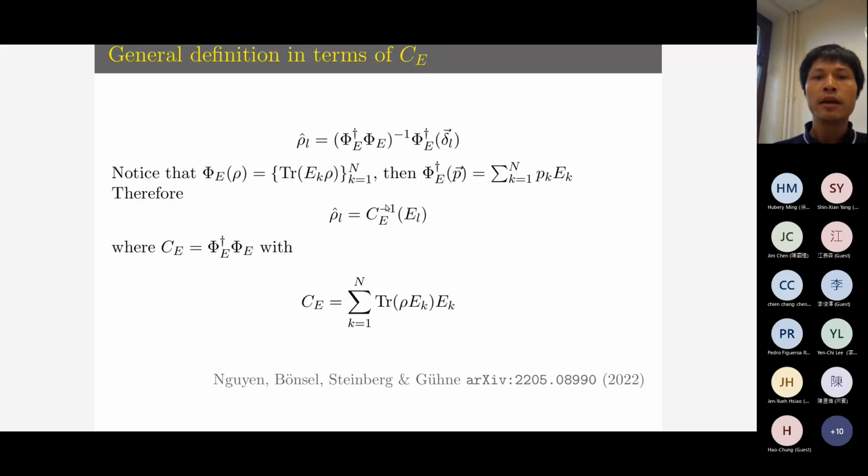If you write explicitly the formula for C_E, it looks like this: sum over k, trace of rho E_k, E_k. Very similar to before, except that before you had the B_U. However, here we are not going to interpret E_k at all as the post-measurement state of the system. There's no such interpretation. It's in a way a bit of a coincidence that phi dagger phi_E gives you that formula.